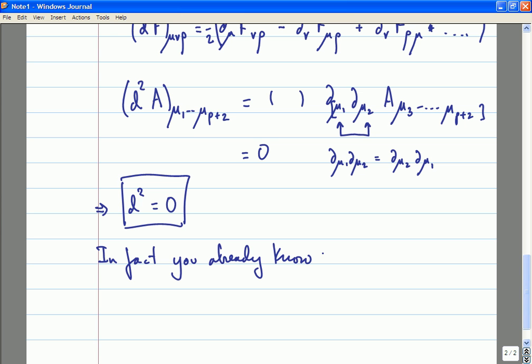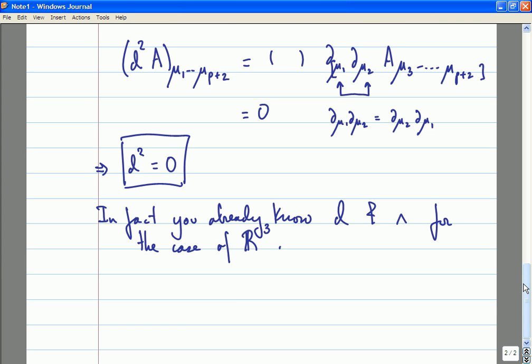You already know the exterior derivative and the wedge product. For the special case of flat three-dimensional space. Flat three-dimensional space is a space you have spent quite a bit of time in your classes on multivariable calculus, electromagnetism, and so forth. So what I would like to do then is show you that you already know about these objects in 3 dimensions. Perhaps you've already guessed where I'm going here.